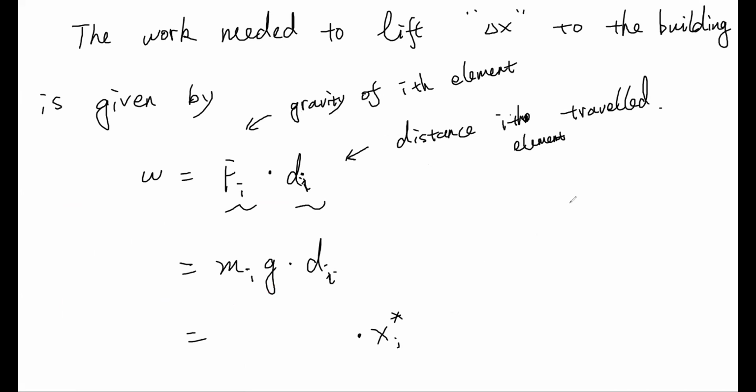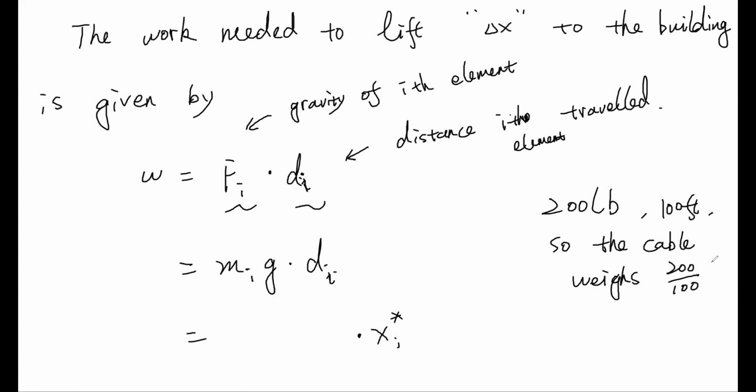Because the cable is a 200-pound cable, 200 pounds and 100 feet long, the cable weighs 200 pounds divided by 100 feet. So the cable weighs 2 pounds per foot.